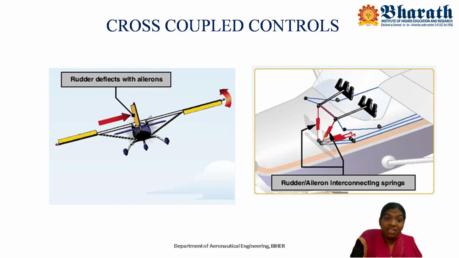The rudder is deflected towards the lowering wing, so the aircraft tends to yaw towards the lowering wing direction. Because of the aileron, it will tend to move towards the higher wing direction. Because of the rudder deflection, it will tend to turn towards the lower wing. Thereby that yaw moment is compensated, maintaining the steady condition. So this is how the adverse yaw is nullified.